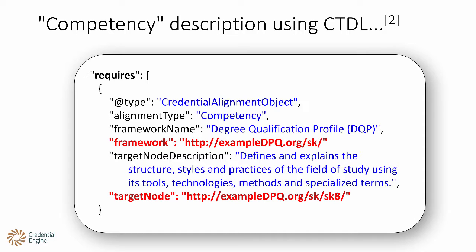So here we have the degree qualification profile, and we have a conceptual entity from it, which is a competency, defines and explains the structure, etc. And just as we saw with the concept scheme, the target node is a URI that identifies this concept within the degree qualification profile, and this concept that we see at the bottom, identified with that URI, is in the scheme degree qualification profile. So again, it functions exactly the same way.